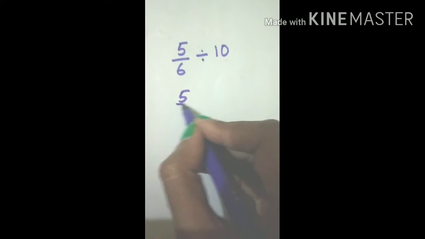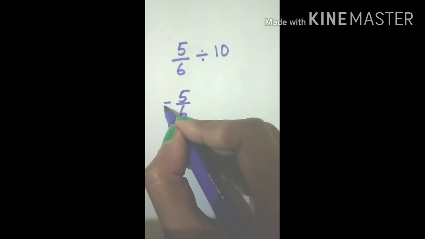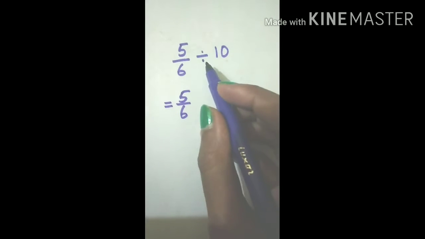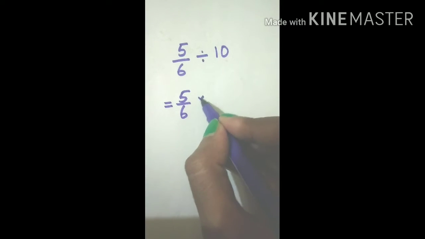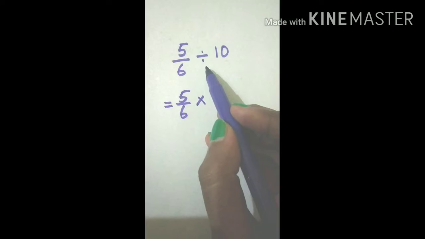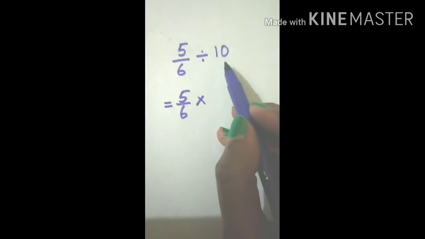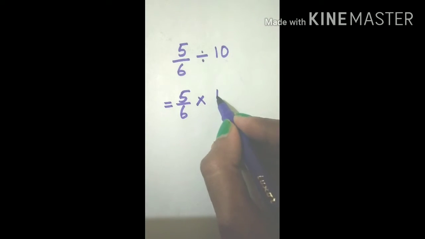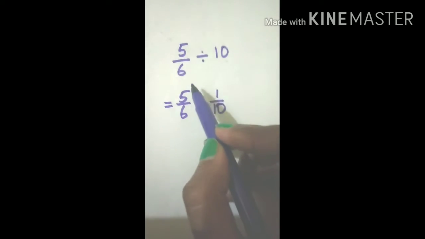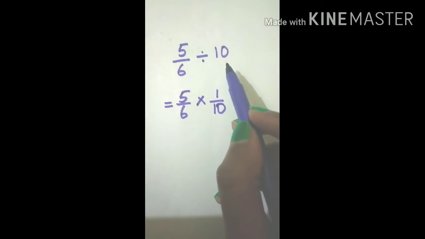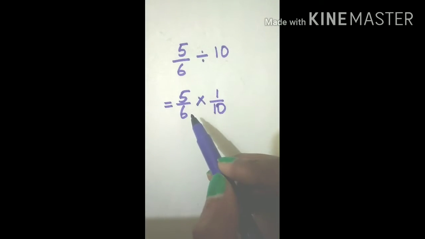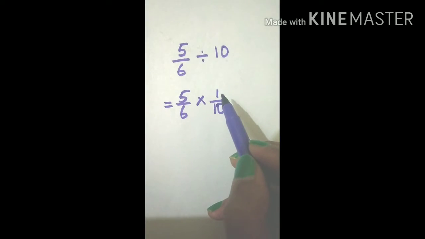So 5 by 6 divide will be changed to multiply. Now since I am changing this divide into multiply, 10 will become 1 by 10. Because 5 by 6 divided by 10 is same as 5 by 6 multiplied by 1 by 10.